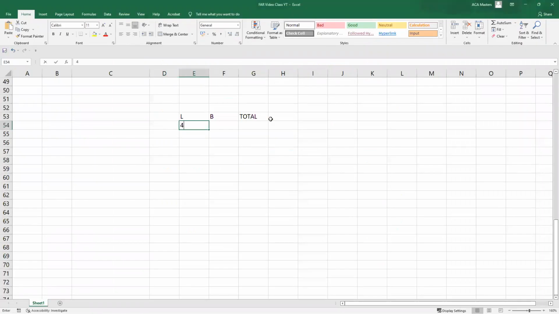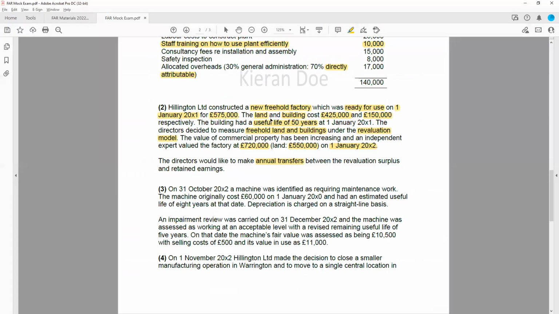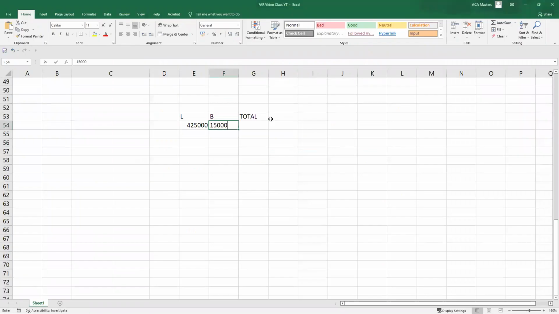So the land was 425k, the buildings were 150k, and then we get to the total. So therefore we've got the original cost of the land and buildings.